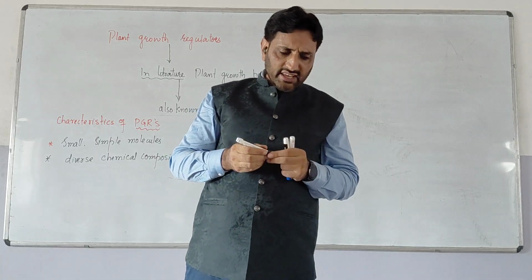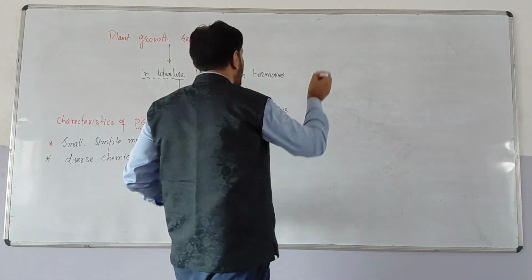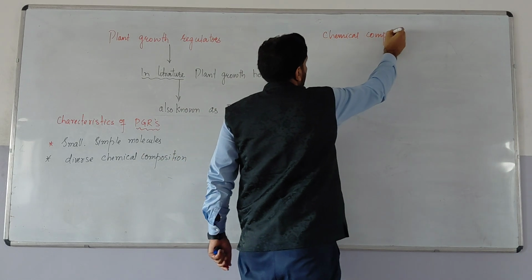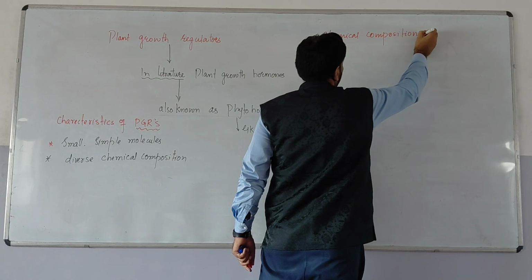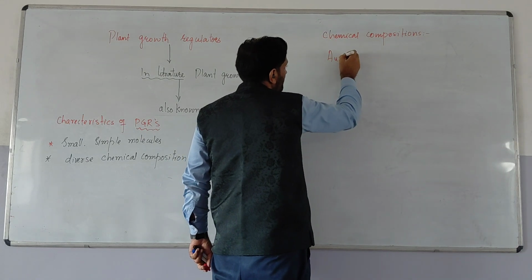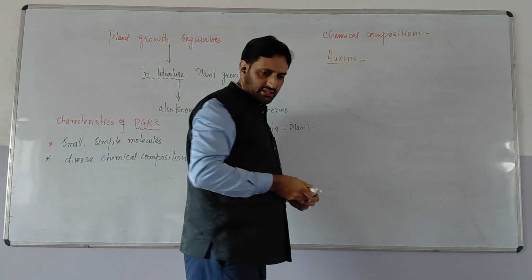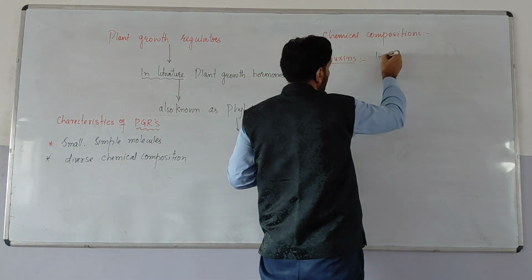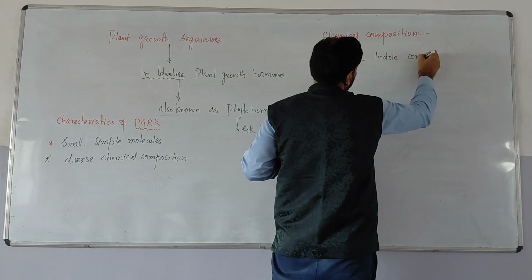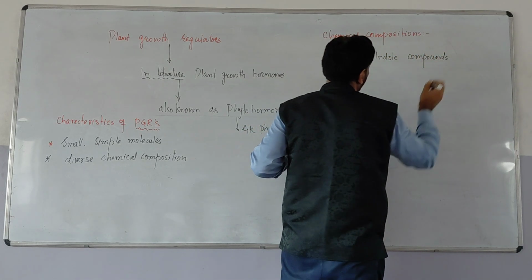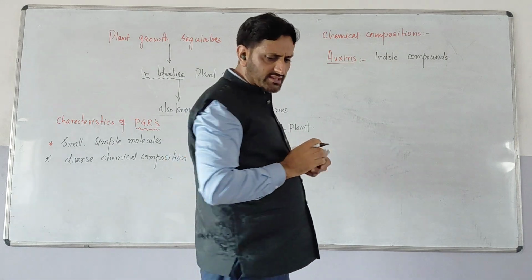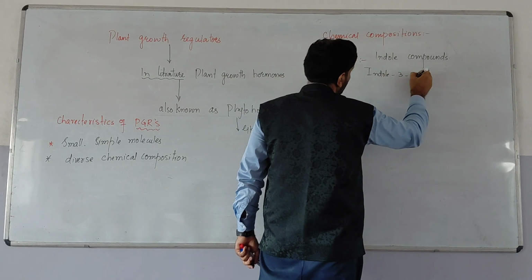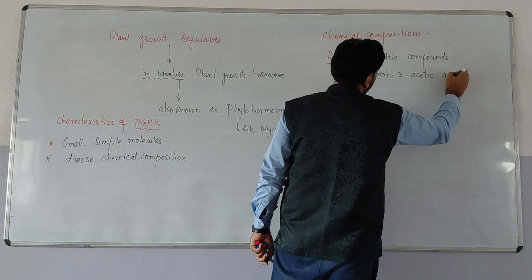So let us have their chemical compositions one by one. First we take auxins. These auxins are indole compounds, or we can say indole 3 acetic acid.